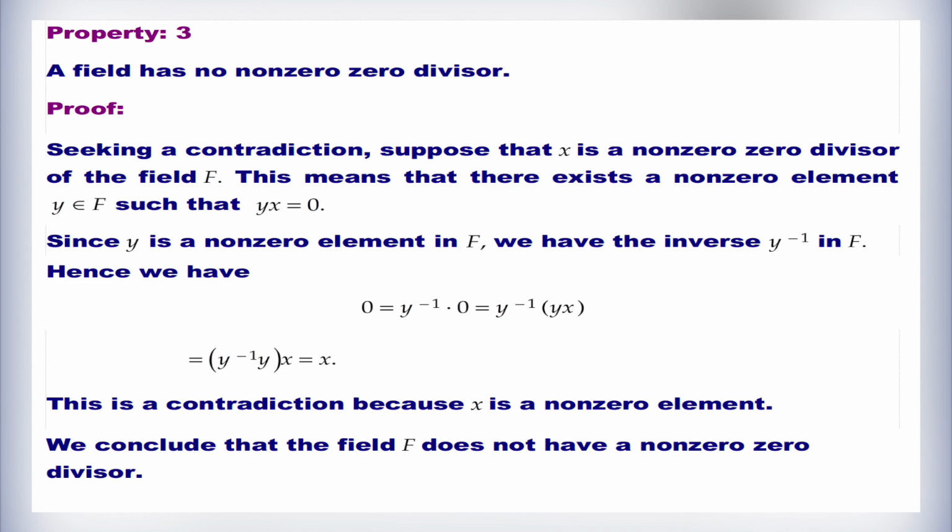Since y is a non-zero element in F, we have the inverse y inverse in F. Hence, we have 0 equals y inverse times 0, that is equal to y inverse times yx, since yx equals 0. By associativity, it can be written as y inverse y times x. Since y inverse y equals 1, that answer is x. This is a contradiction because x is a non-zero element. We conclude that the field F does not have a non-zero zero divisor.